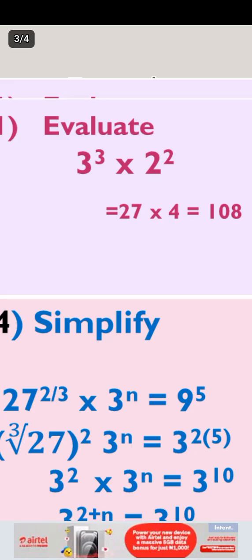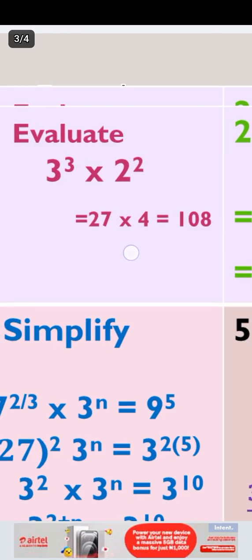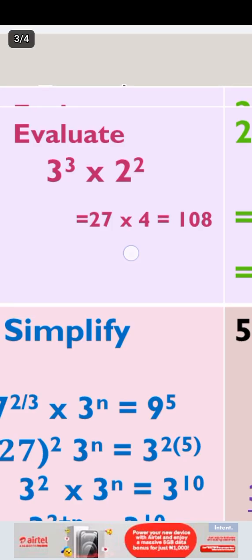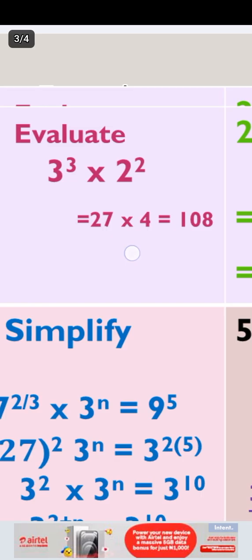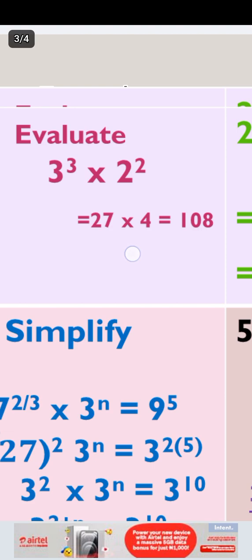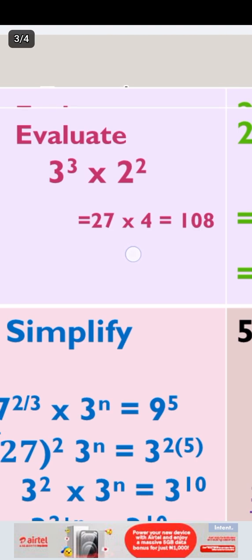So what we need to do here is expand this out: 3 times 3 times 3, 27. 2 times 2, 4. 27 times 4 is equal to 108. This is an example of indices whose terms are not of the same base, and it can be evaluated. The question says evaluate because the terms are not of the same base.